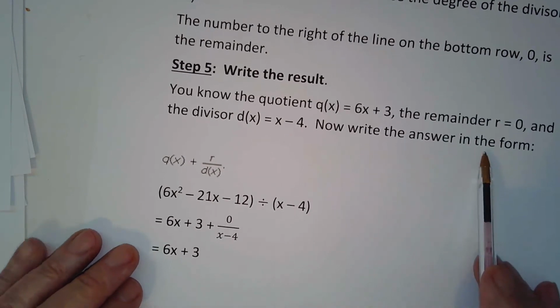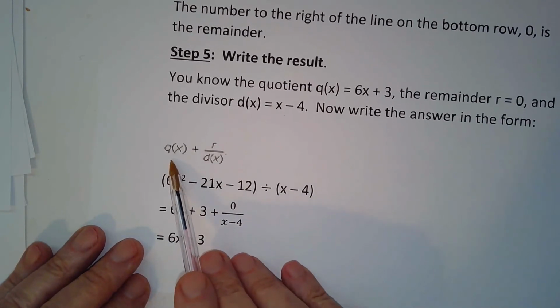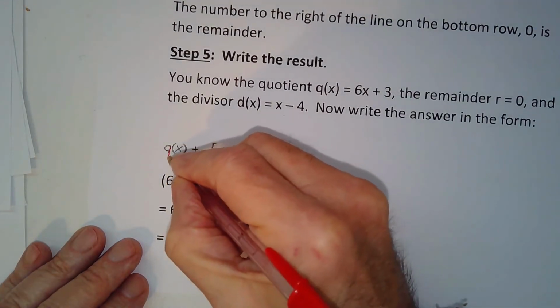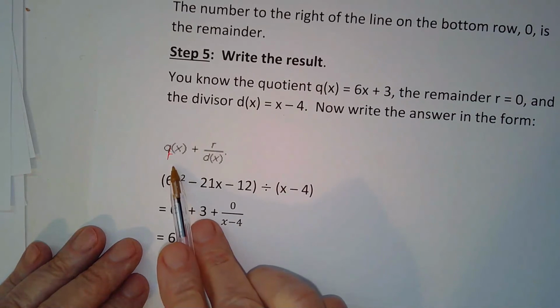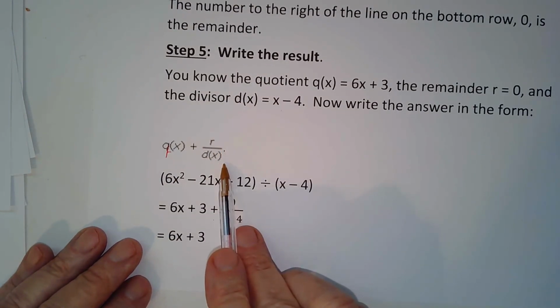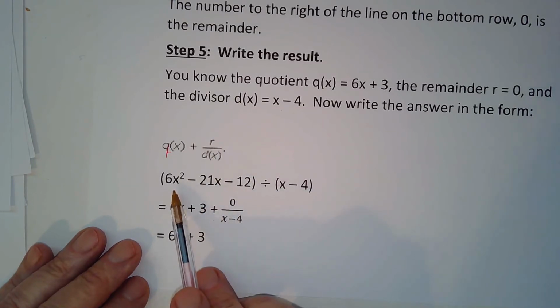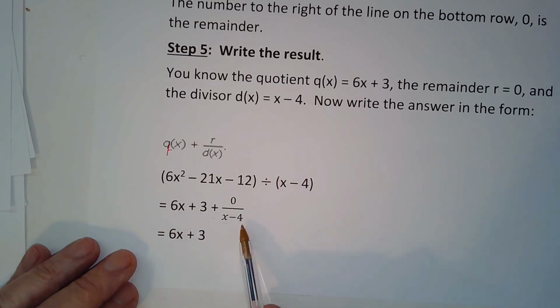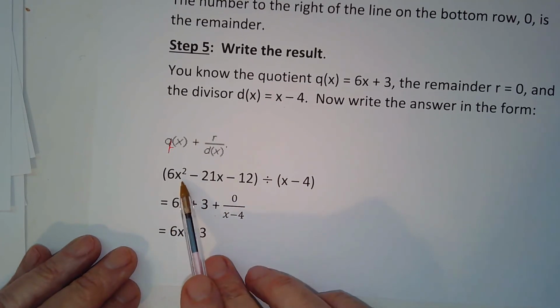Now we're going to write the answer in this form. Q of x, or the quotient, plus the remainder divided by the divisor, x minus 4. So here's the original problem. Here's the dividend.